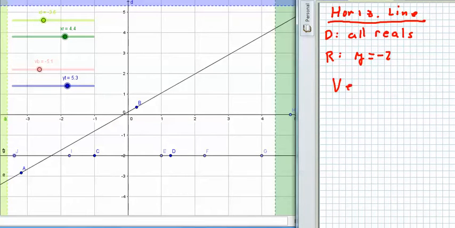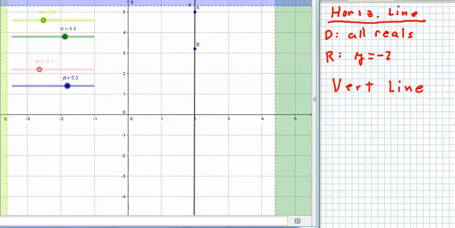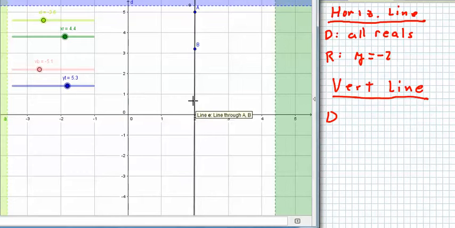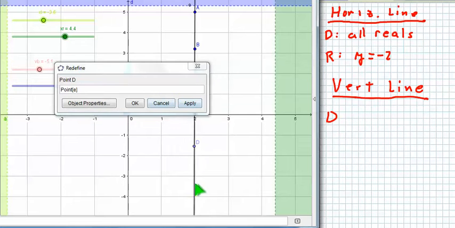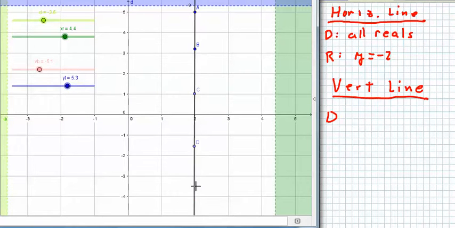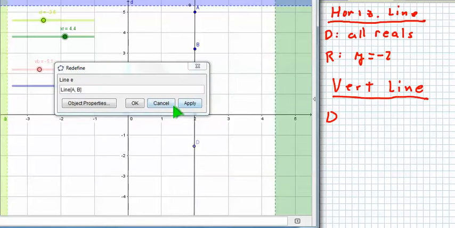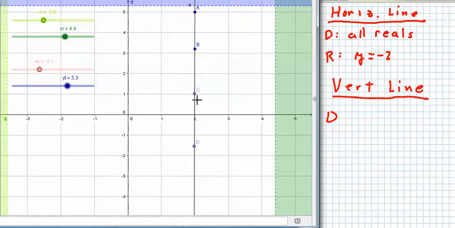Let's look at a vertical line. If we see our vertical line here, we see that the domain, whether I look at this point or this point or this point, if you look at these points, A, B, C, and D, they're all x coordinates of 2.